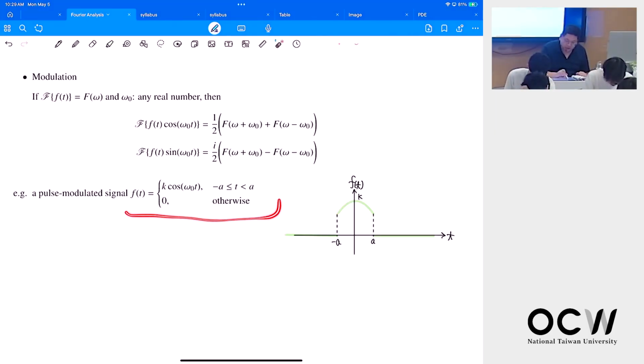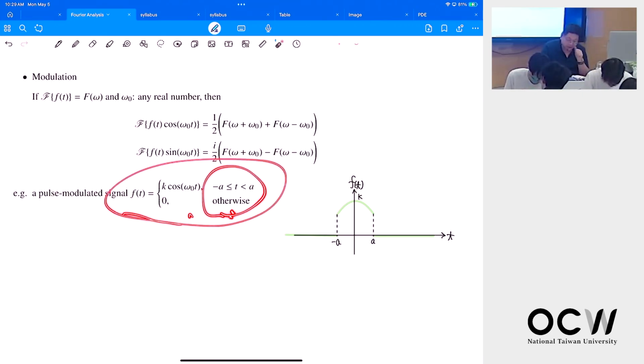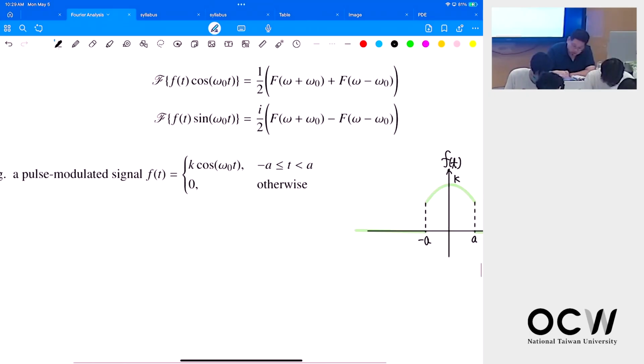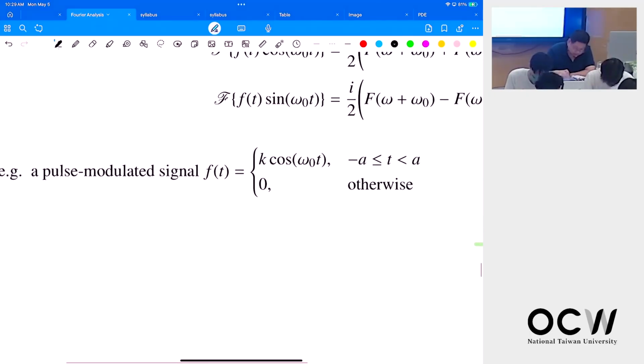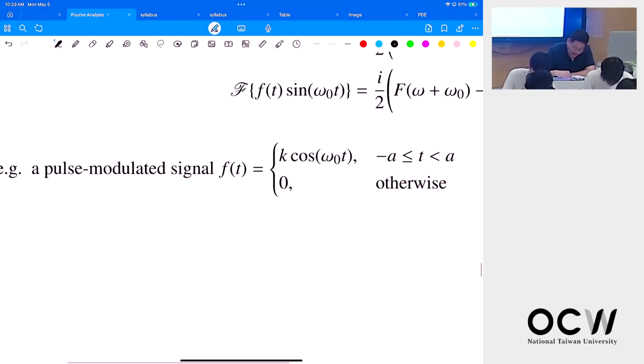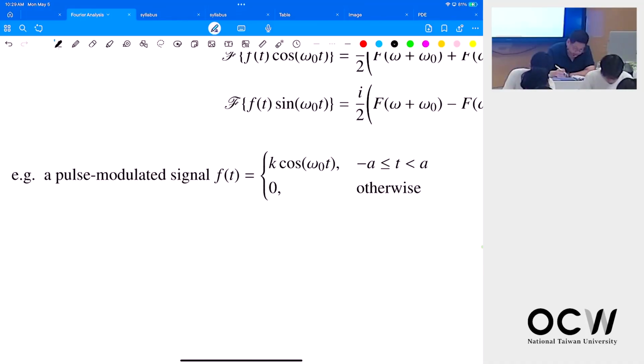So for this signal, with the conditions, we can rewrite this signal using the step function. How do I write this function in terms of the unit step function or Heaviside function?